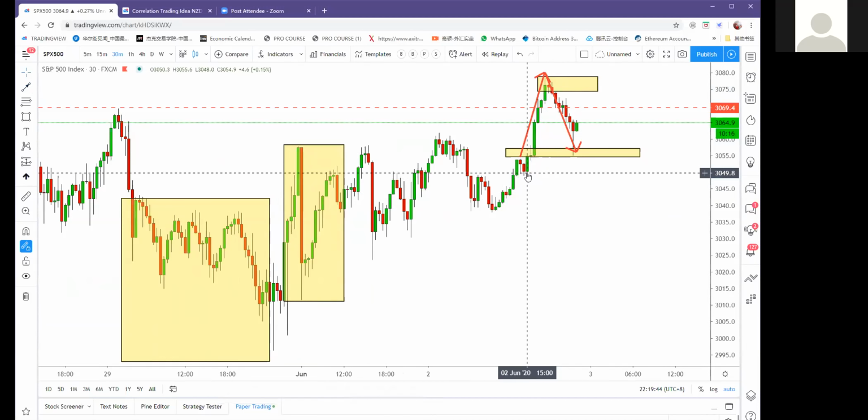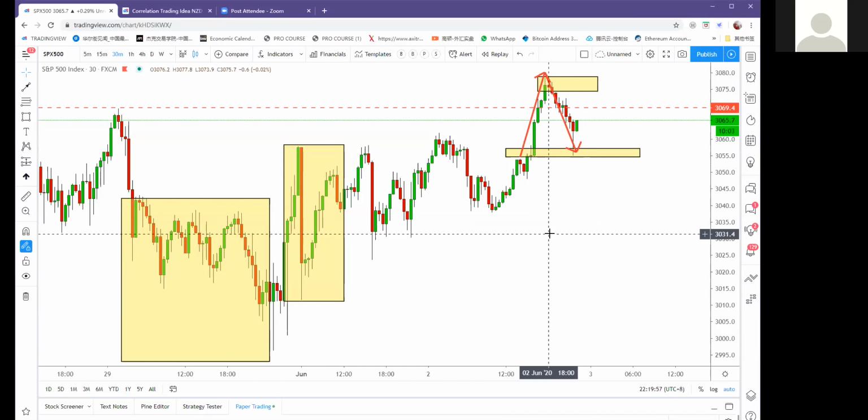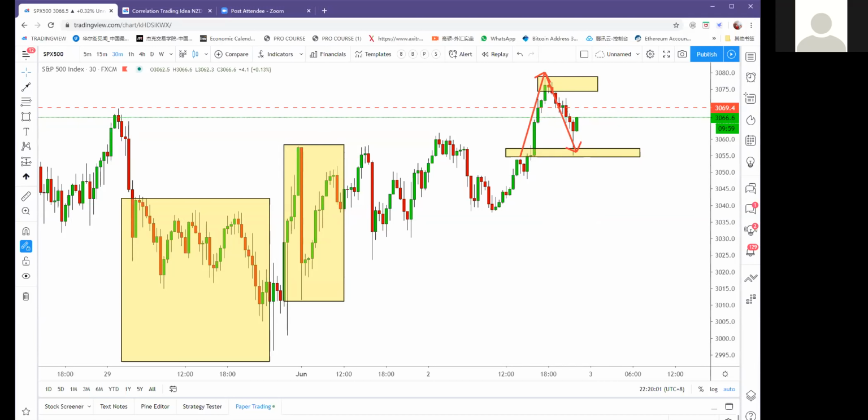Last week I mentioned how we determine this is a fake breakout. Anyone? Do you have any rules for determining what is a real breakout and what is a fake breakout?